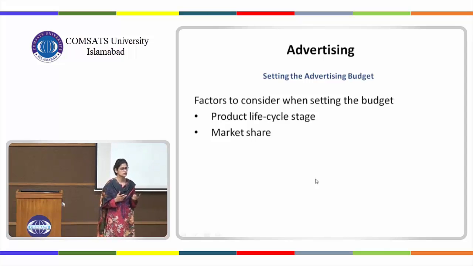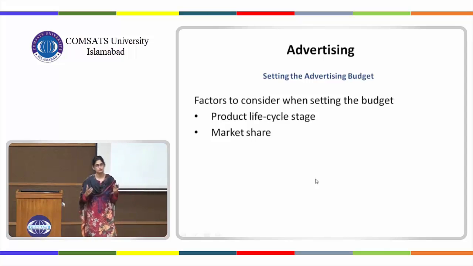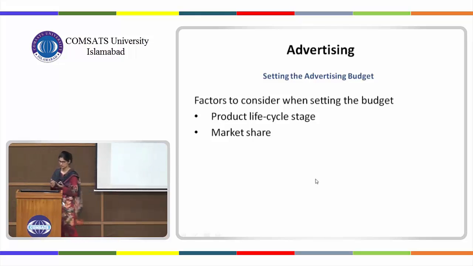That was the competitor parity method. So there are 4 ways through which you could allocate your budget depending upon your product type, depending upon the nature of your company, how big the company is. You could choose any of the methods.